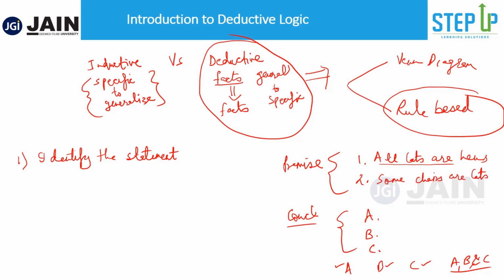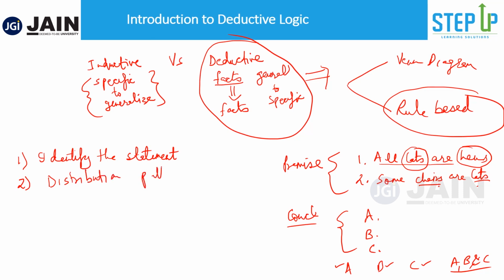We should be able to identify what these different types are. Every statement will have 2 terms; this one has chairs and cats. So identify the type of statement. We will do that. And second, you find a distribution pattern.